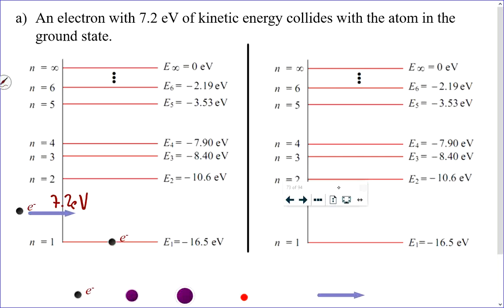How many of you worked this out and said it's going to be E2 and you did it by subtracting? There's a way to do it without subtracting.